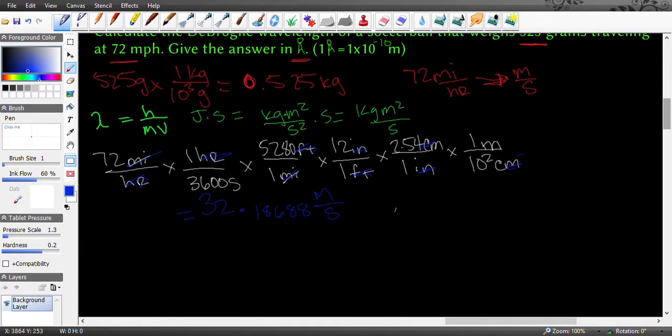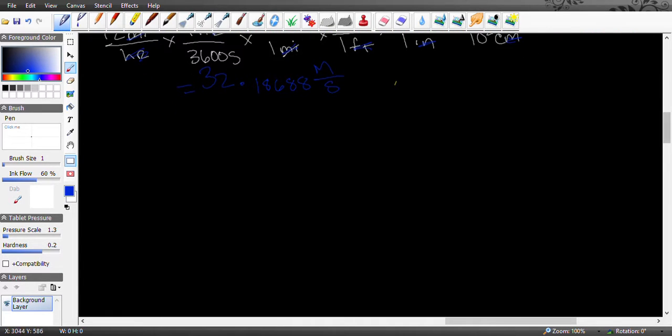All right, cool. So we have our velocity. That's a constant. We're solving for this. So lambda equals h over mv, or u, or whichever one you use, which equals, let me make this a little bit brighter, Planck's constant is given, and that is 6.626 times 10 to the negative 34.